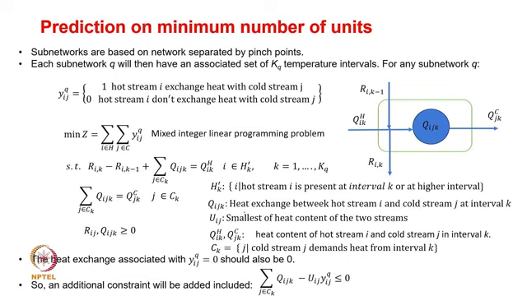For instance, Qijk is the heat exchange between hot stream i and the cold stream j at an interval k. All the analysis is performed at an interval k, so that's why index k comes into the picture.